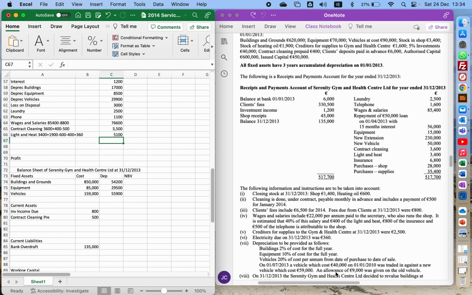Oh, I just realised here, I'm just looking at the vehicles. An allowance of 9 grand was given to the old vehicle against a vehicle costing 59. So that means that the 50 grand that I have for vehicles in here is the figure I paid for the new vehicle. It's not another new vehicle. So I made a mistake on that one, and I'm just going to go fix that.